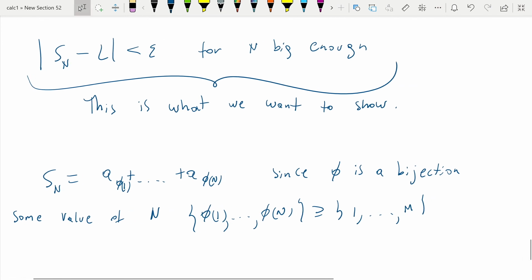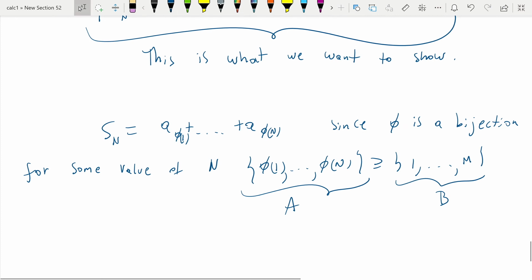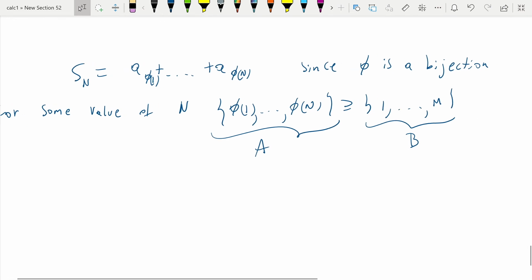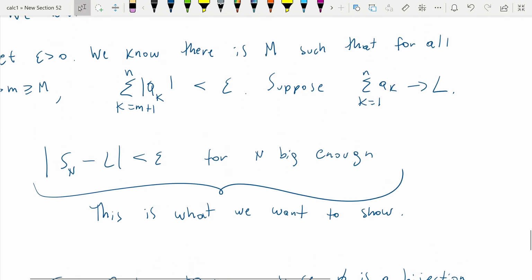So you have all the sub indices. We'll call this set A, and this is going to be the set B. Somewhere in the sum, you're going to have a_1, a_2, a_3, etc. up to a_m.